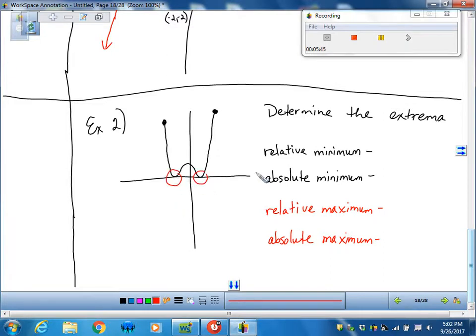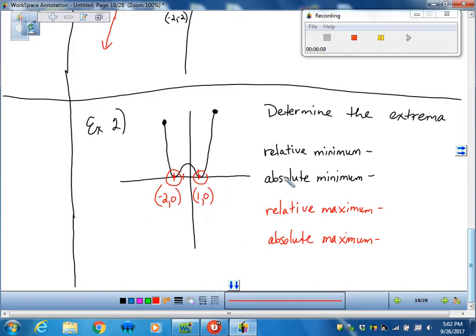On both of them, the bottom of the graph is touching the x-axis. So this particular point here, I didn't put the marks on it, we'll call it -2, 0. And on the right side, we'll call that one 1, 0. So I have two relative minimums.